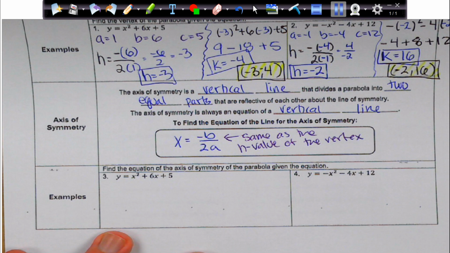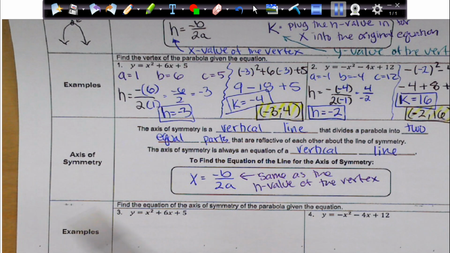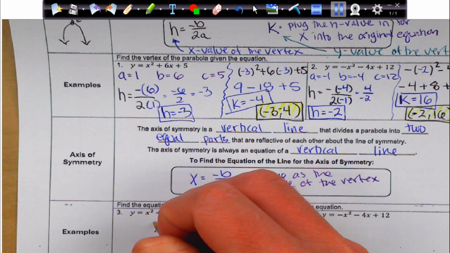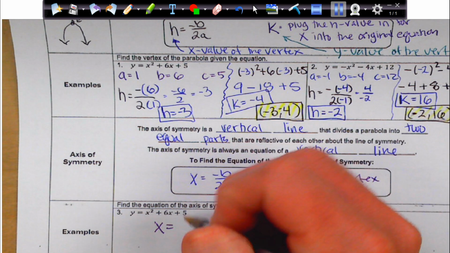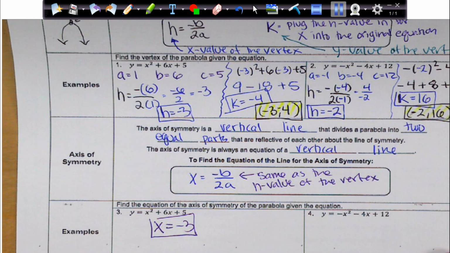Okay? So this one's actually a lot faster to solve. We don't really have any issues. Now, this equation right here looks a lot like the equation from number 1. Because it's the exact same equation as number 1, and it's the same as the h value, I just have to do x equals what I got up there, which is -3. So that one was super fast. And if you're like, Mr. Smith, where'd that come from?